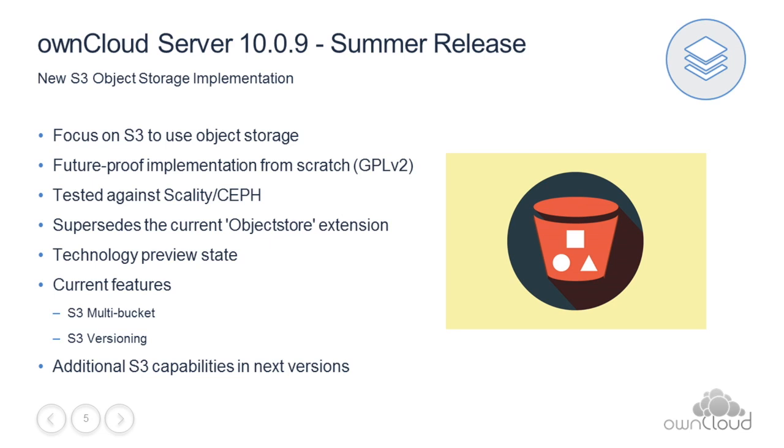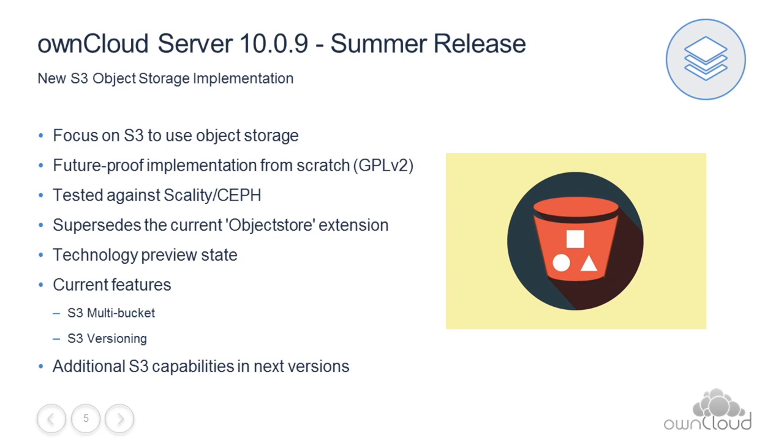Also, we decided to completely focus on the S3 protocol for communicating with object storages, as the markets are clearly moving in this direction, and it's also supported by all relevant storage systems. This led us to deprecating the OpenStack Swift implementation, which we won't follow anymore.